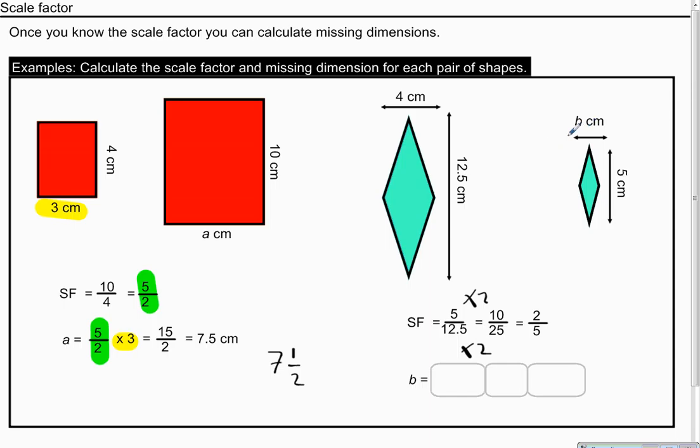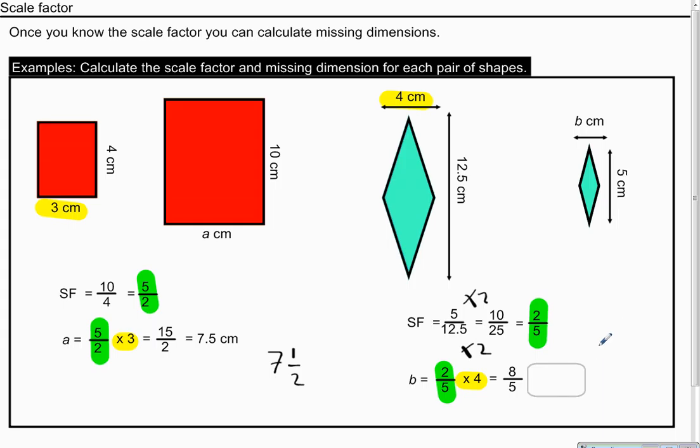So I know B is going to be 2/5 the size of 4. I need to take 4 and multiply it by my scale factor of 2/5. 2 times 4 would give me 8, so I have 8 over 5. Again, a bit hard to visualize that.